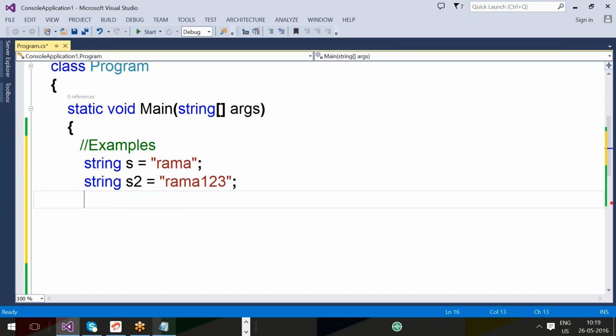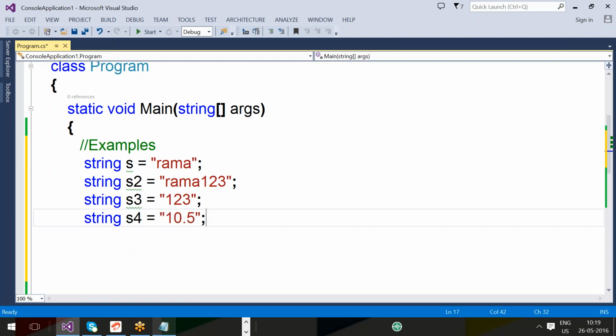First of all, you should remember string data should be enclosed with double quotes. String s3 equal to 123. Valid or invalid? Valid. String s4 equal to 10.5. Valid.